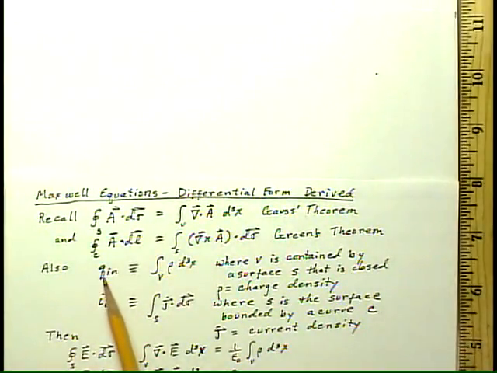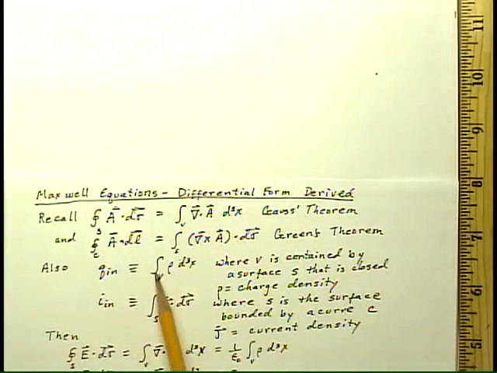We also need these two definitions. The charge inside a volume is the integral of the charge density integrated over that volume, where the volume V is the volume contained by a closed surface. Rho is the standard notation for charge density.